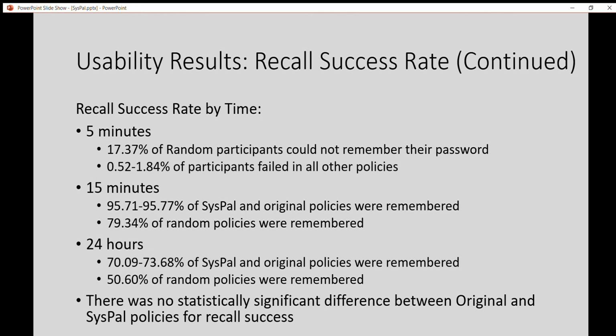After 24 hours, you can see that the recall success rate continues to dip across the board. 70 to 74% of users of SysPal and original policies were able to remember their passcodes, whereas only 51% of users that had the random policy were able to remember their passcode. For all of these time points, they saw there was no statistically significant difference between the original and SysPal policies in regards to recall success.